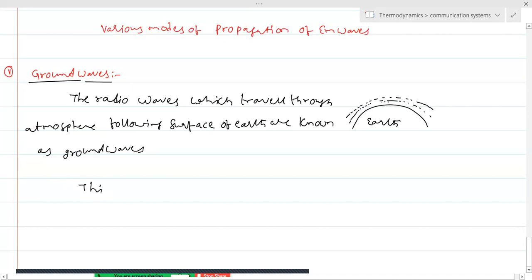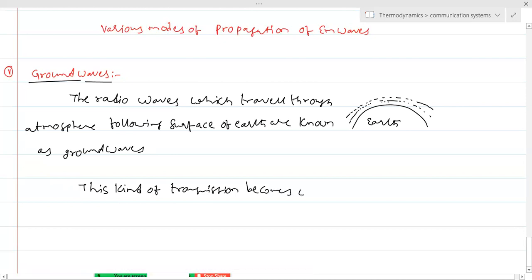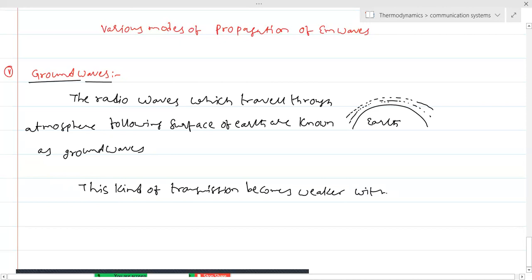This kind of transmission becomes weaker with increase in frequency.